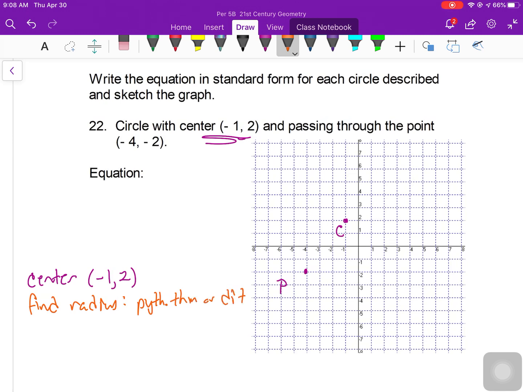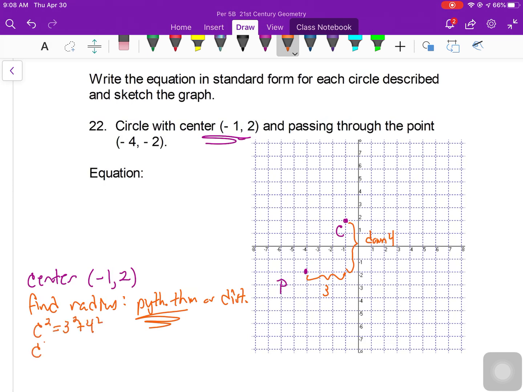To find the radius, we have to use either the Pythagorean theorem or the distance formula. On a previous problem, we already used the distance formula, so I'm going to use the Pythagorean theorem here. Well, when I look at my graph, I can see that it appears that I went down 1, 2, 3, 4, and then I went over 3.